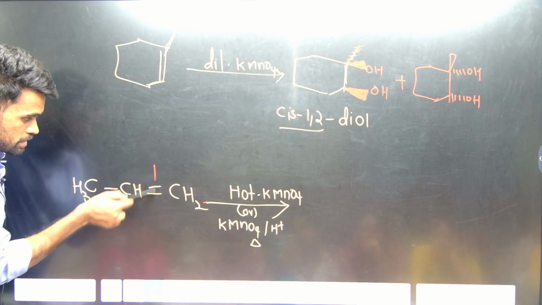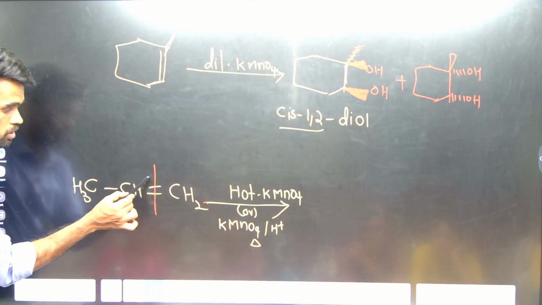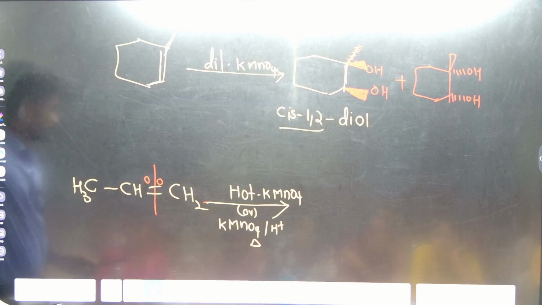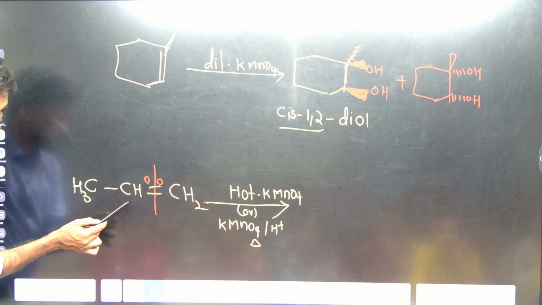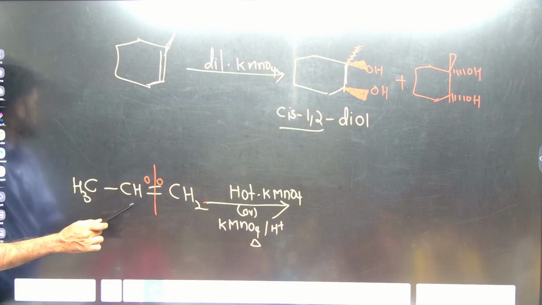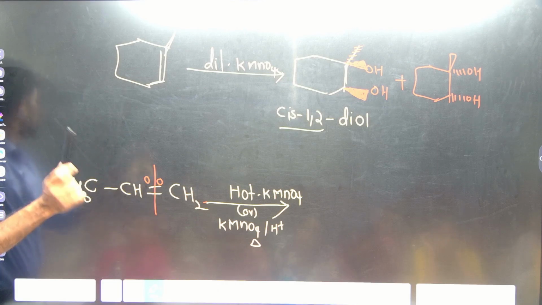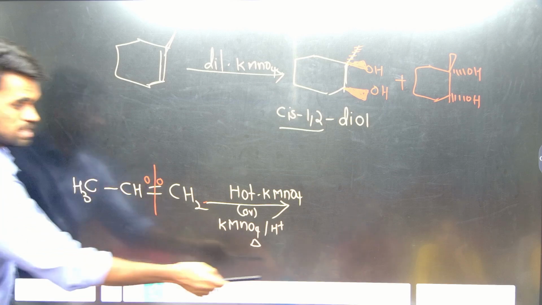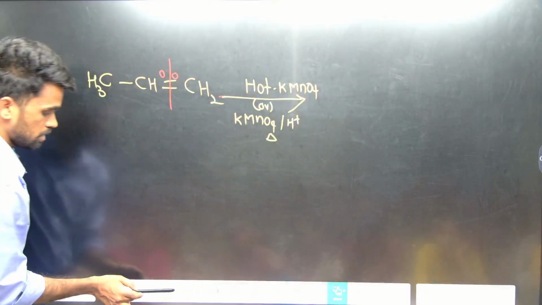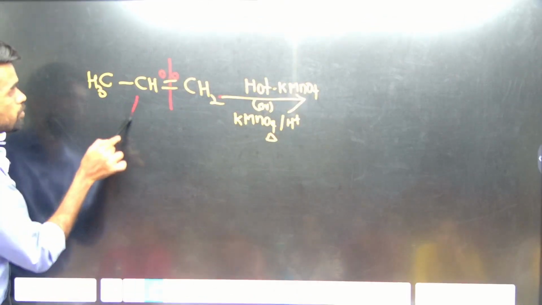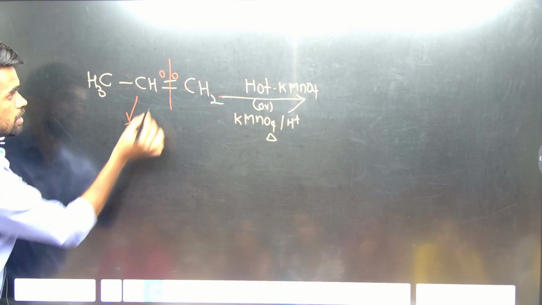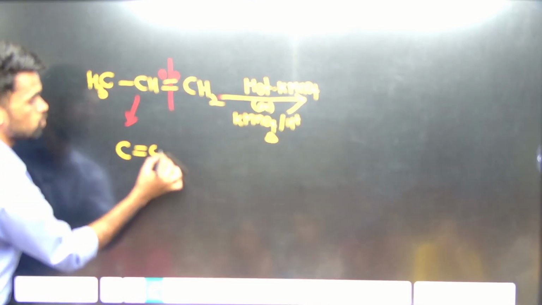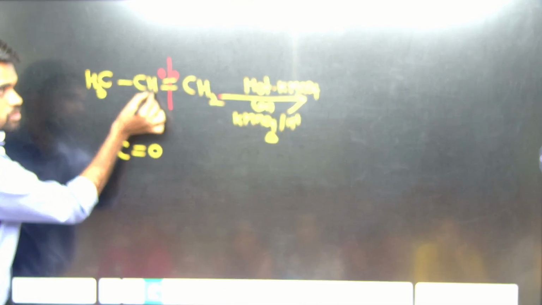Here, first you break the double bonds, put O, O. After that, to the alkene carbons, if there is any directly attached hydrogen, convert it into OH. If any alkyl group is present, don't disturb it. So this side carbon, you tell me: C, double bond is breaking, so O; hydrogen directly attached, OH; methyl group as it is.